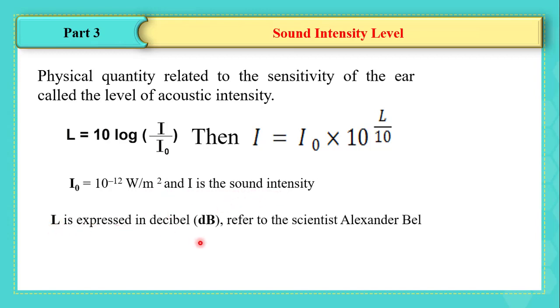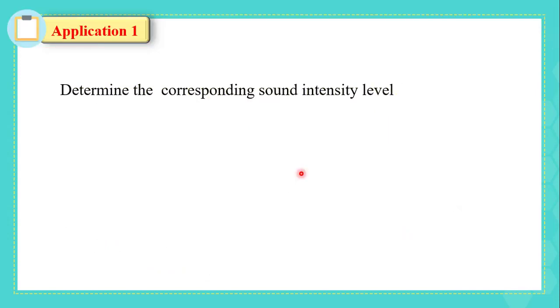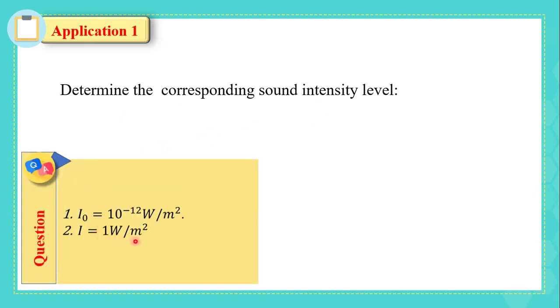L is expressed in decibel, after the scientist Alexander Bell. L is measured by a sound level meter. Now 3 applications will be solved concerning the previous idea. In the first one, we should determine the corresponding sound intensity level for I equal to I0 and for I equal to 1 watt per meter squared.